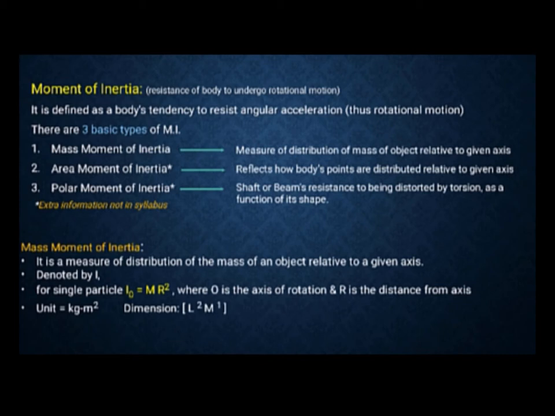In mass moment of inertia, we have to see some important things. It is a measure of distribution of mass of an object relative to a given axis and is denoted by capital I. For a single particle, its formula is I0 = mr², where O is the axis of rotation and r is the distance from the axis.